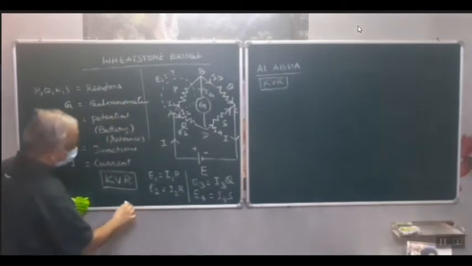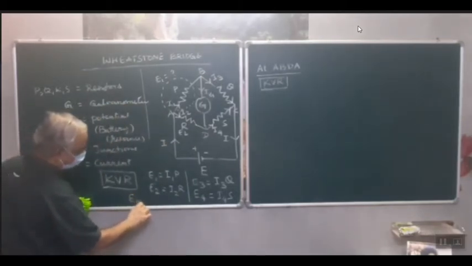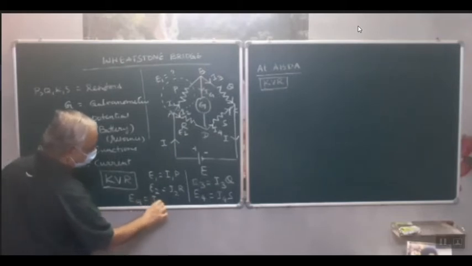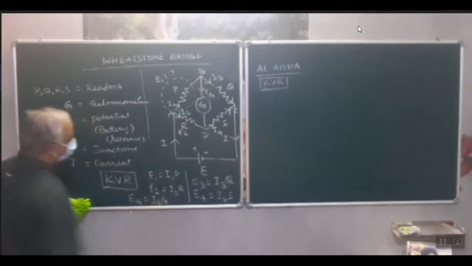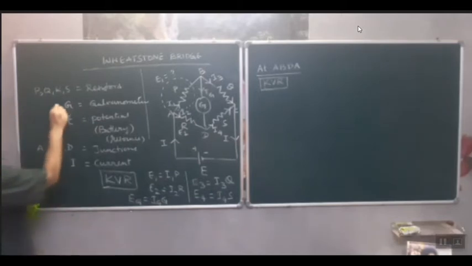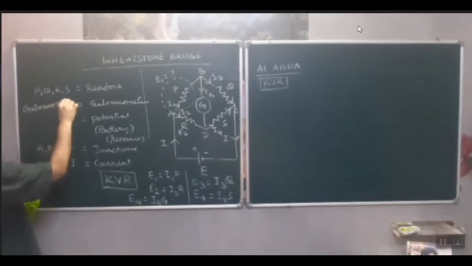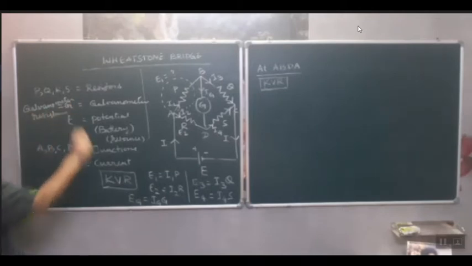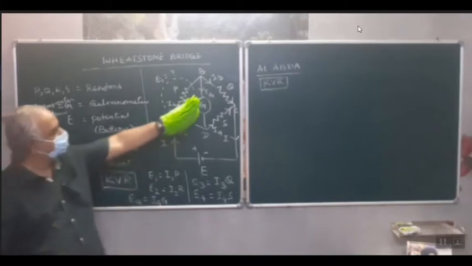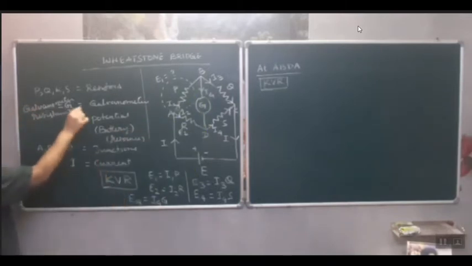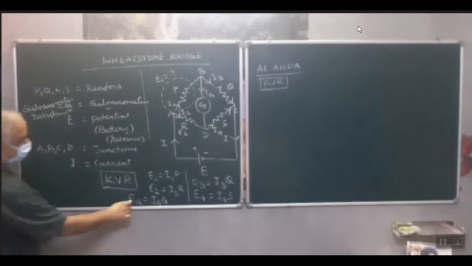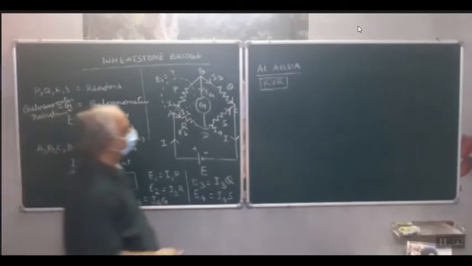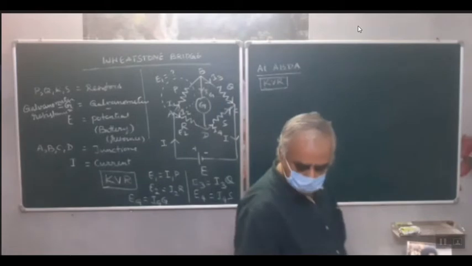The sum of products of current and resistance is equal to 0. Ig is the current passing through the galvanometer, Eg is the potential difference across the galvanometer, and G represents the resistance of the galvanometer.